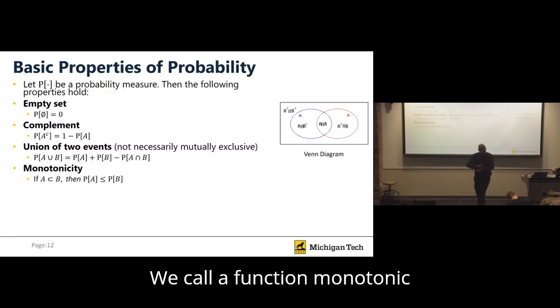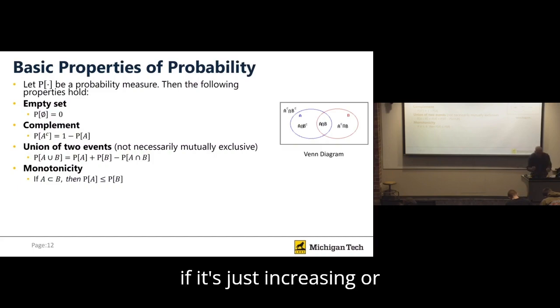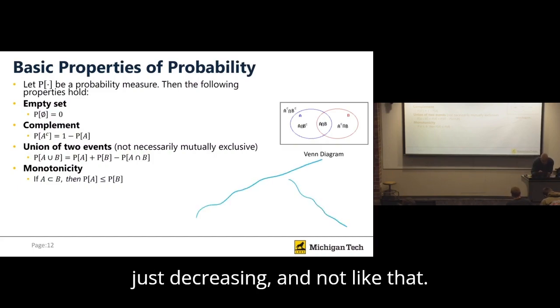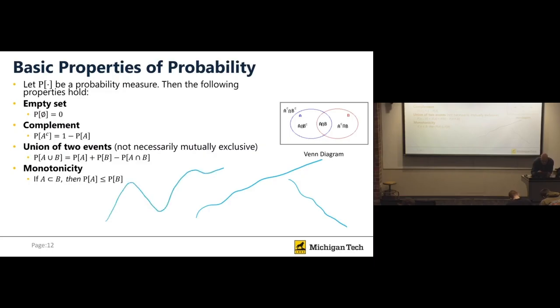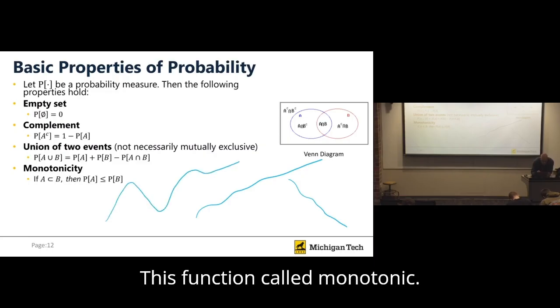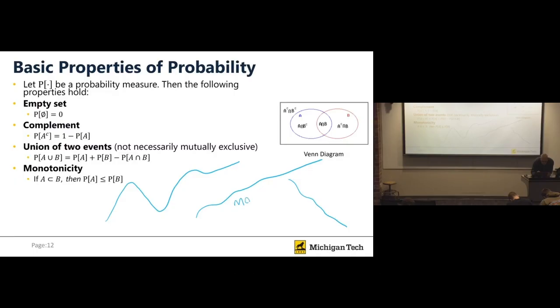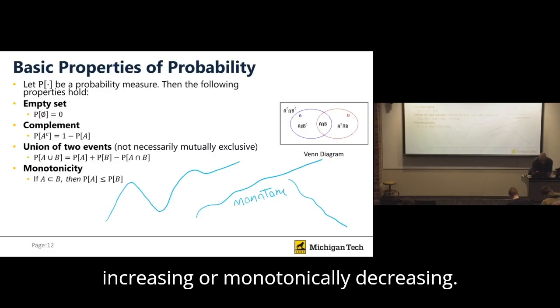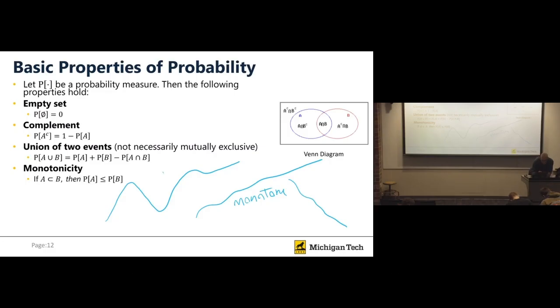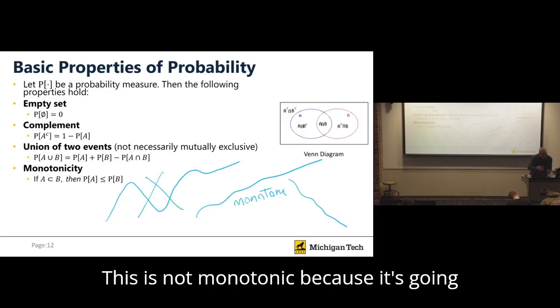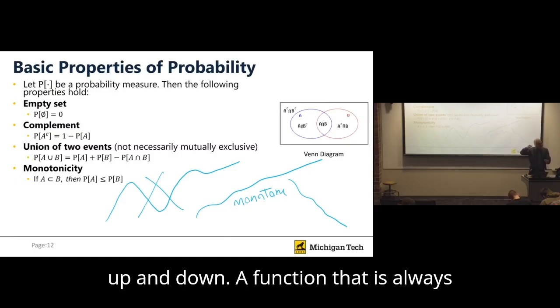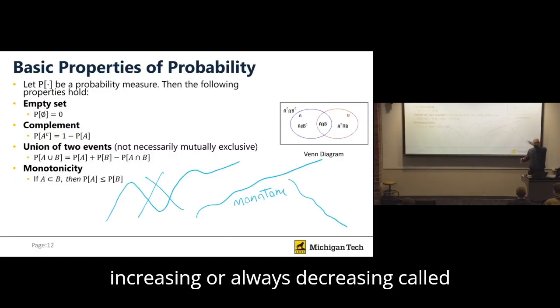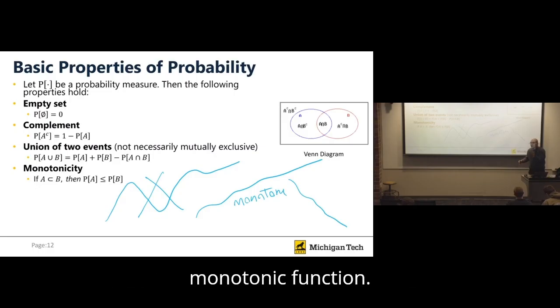We call a function monotonic if it is just increasing or just decreasing, and not like that. This function is called monotonic, monotonically increasing or monotonically decreasing. This is not monotonic because it's going up and down. A function that is always increasing or always decreasing is called a monotonic function.